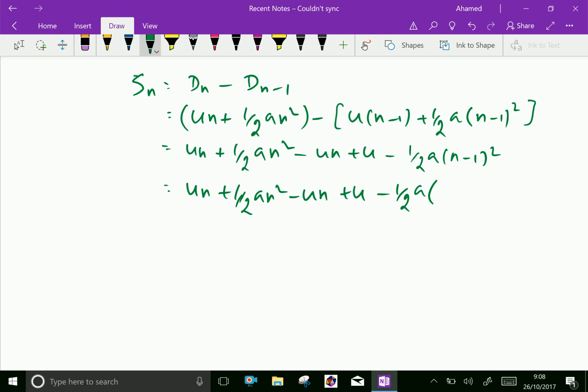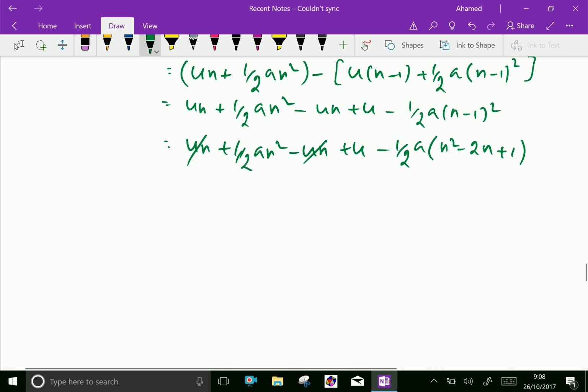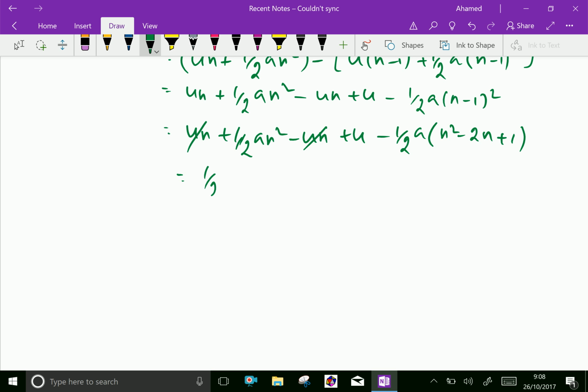Expanding, n minus 1 whole squared is n squared minus 2n plus 1. Here the un cancels, then half an squared plus u minus half an squared, minus into minus plus, half into 2 is 1, that is an, minus half a.